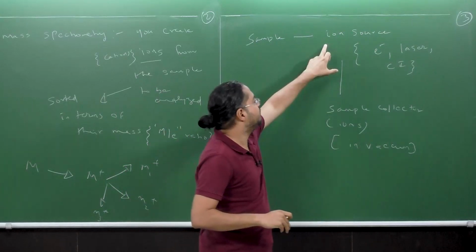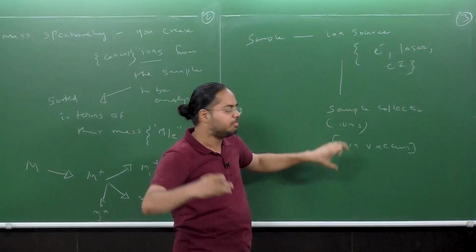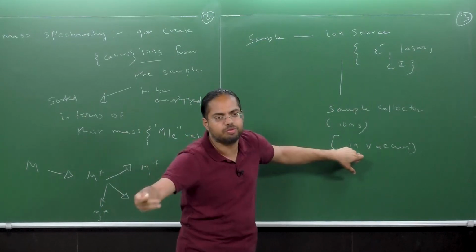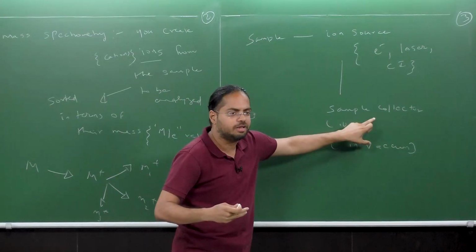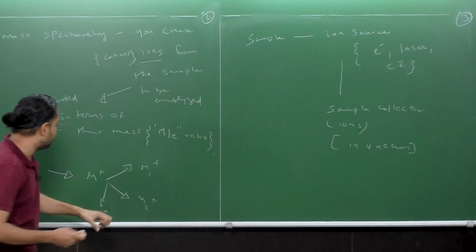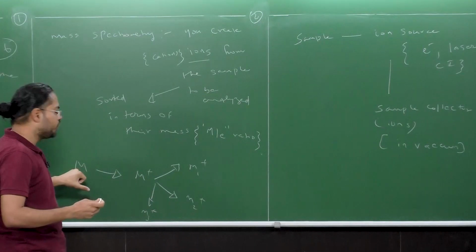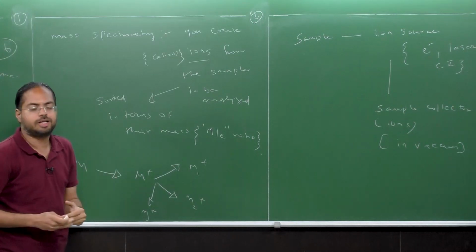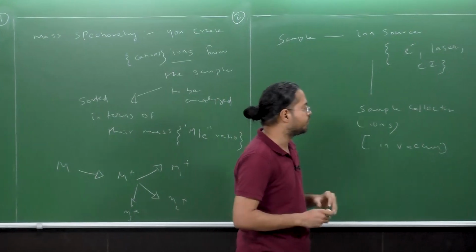So see, we are generating highly energetic ions. If you don't have vacuum here, in other words, if we have some molecules present in the sample collector, they might react, right? So therefore, your objective of understanding a fragmentation pattern from the parent molecule that you want to be analyzed would be lost. Okay, so that is why it being in vacuum is important.